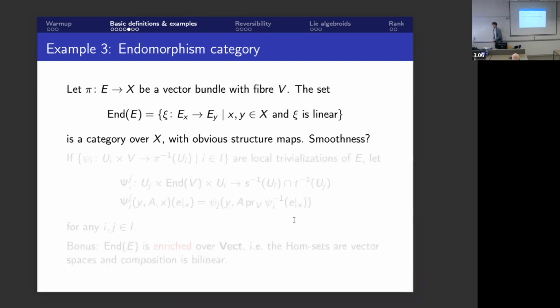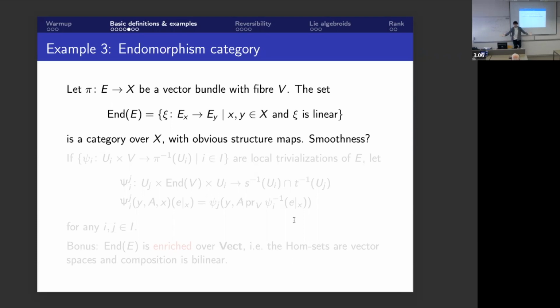So the next example is illustrative because it's giving us a first example from differential geometry, really. If we are given a vector bundle with typical fiber a finite dimensional vector space V, we can consider the set of all linear maps between fibers.